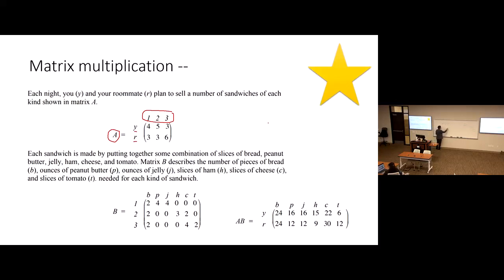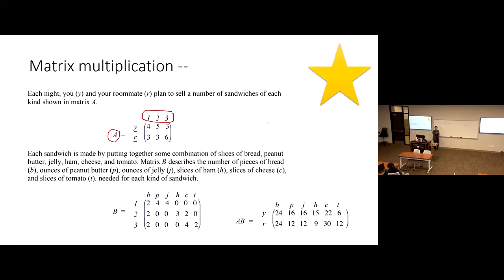So each column is kind of an ingredient you want to make the sandwich. So for the type 1 sandwich, you need bread. For the type 2 sandwich, you need bread. For the third type, you need bread.